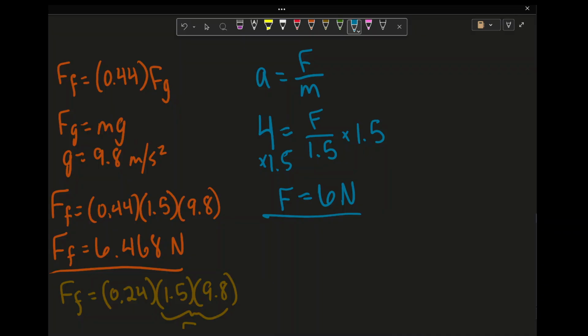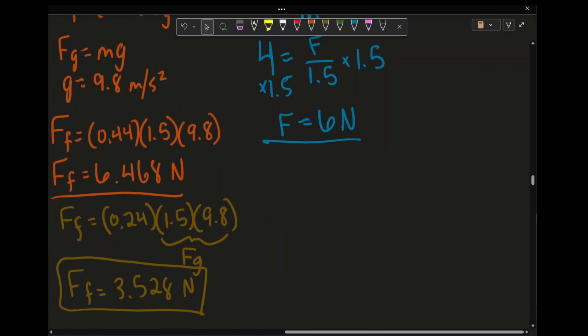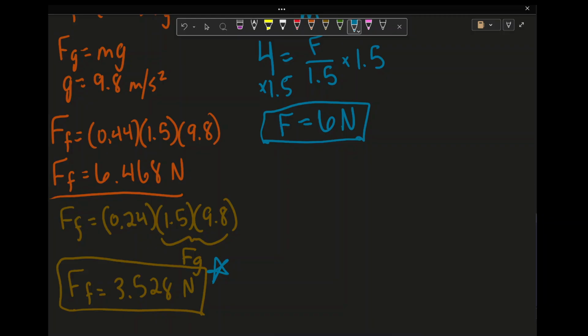So now, how do we put these two things together? Because we're not playing in perfect physics land and there is friction, let's make the logic statements here. If this value tells us how much force is required to compensate for the fact that there is friction, and this value tells us how much force is required to accelerate our object, then our applied force just needs to be the sum of these two.